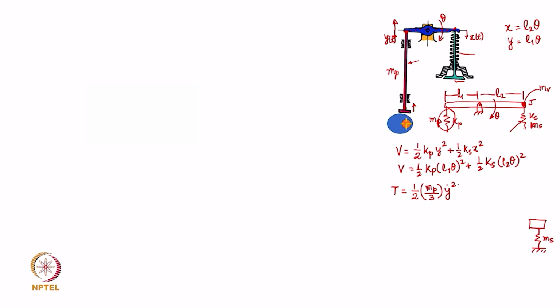Now, what else do you have next in line? The rocker arm. That is a rigid rocker arm and therefore, the kinetic energy of the rocker arm is half J theta dot squared. Followed by, what do you have here at the other end of the rocker arm? On the right hand side you have a valve which is getting pushed.